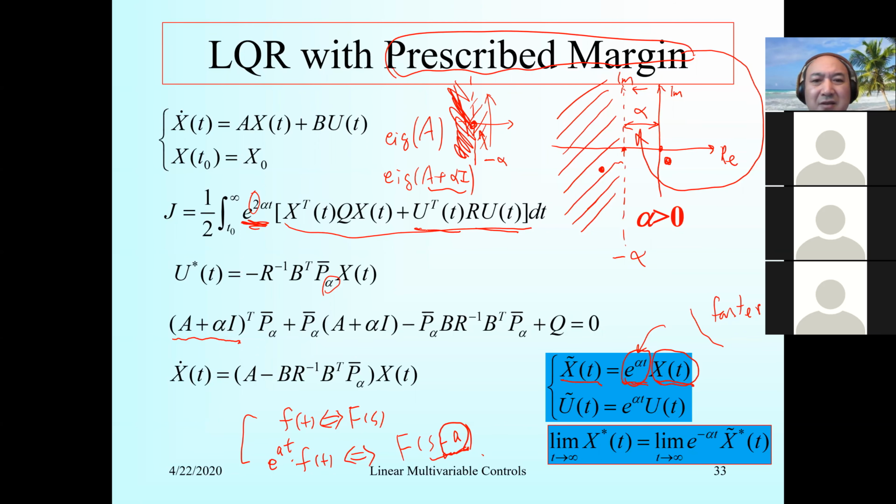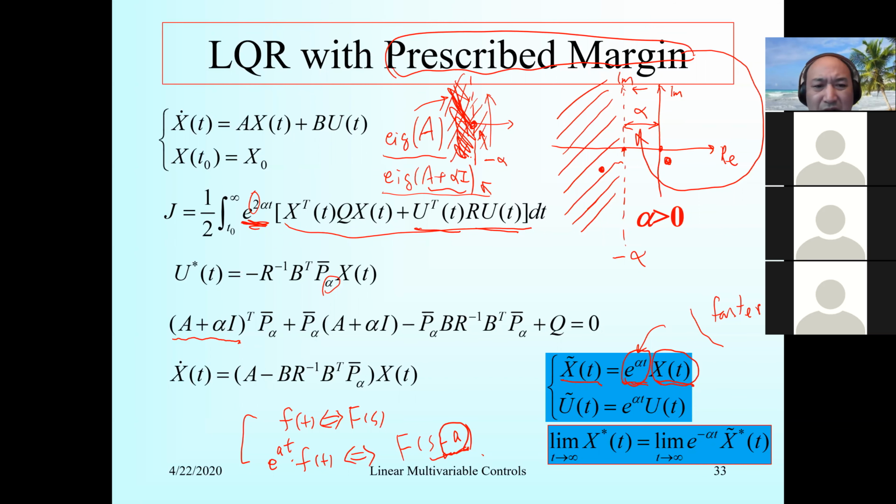If all your eigenvalues are inside here, then this is also stable. So how do I know all my eigenvalues lie to the left of the dashed line? We check whether this one is stable or not.